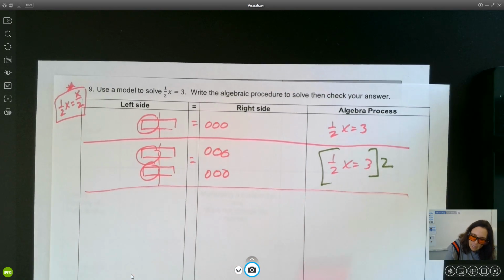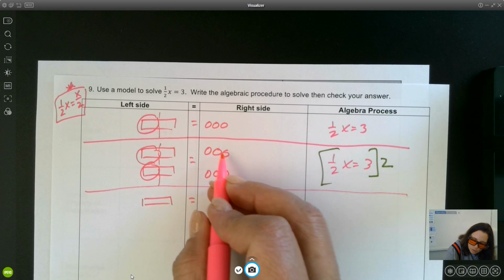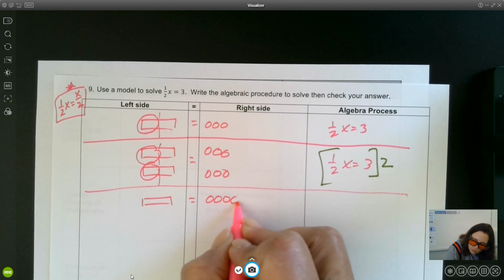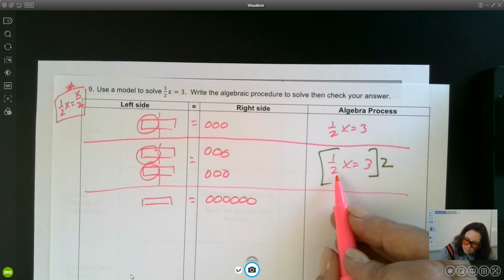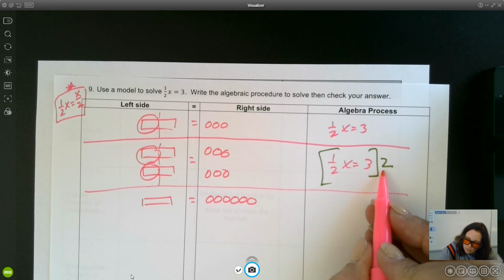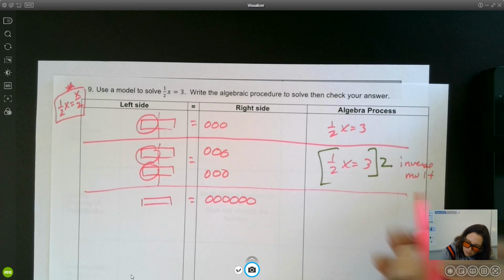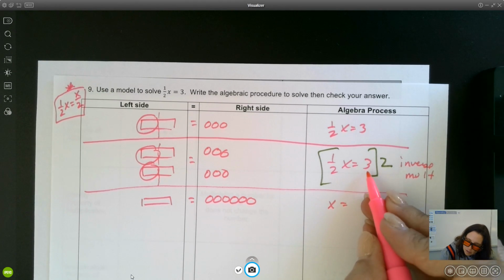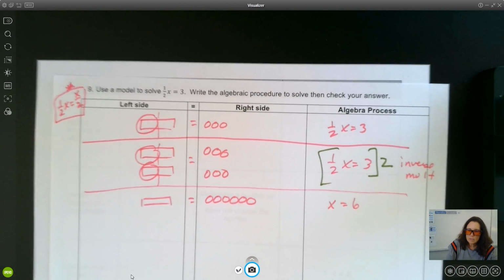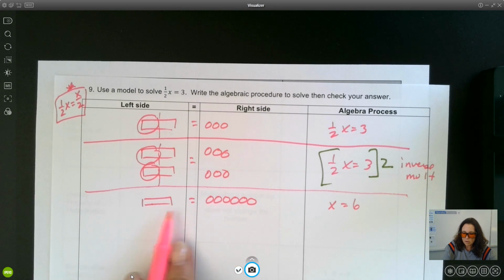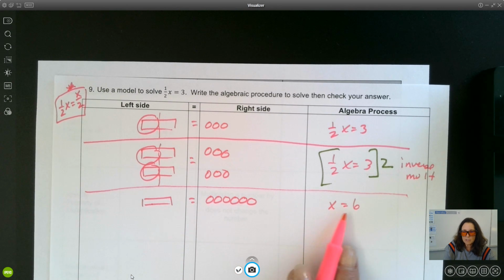So this makes a full x equal to 6 chips. 1, 2, 3, 4, 5, 6. 1/2 x times 2 by the inverse of multiplication is an x. 3 times 2 is 6. So again, this model step always matches the algebraic step next to it.